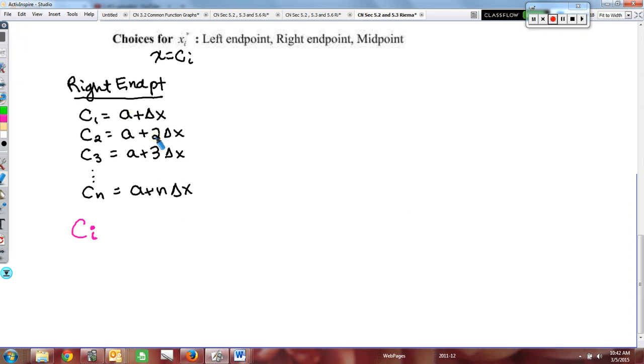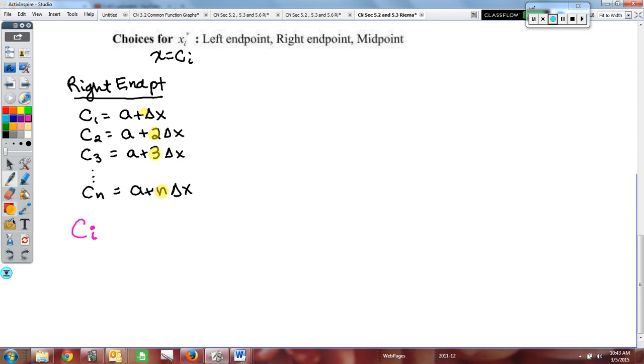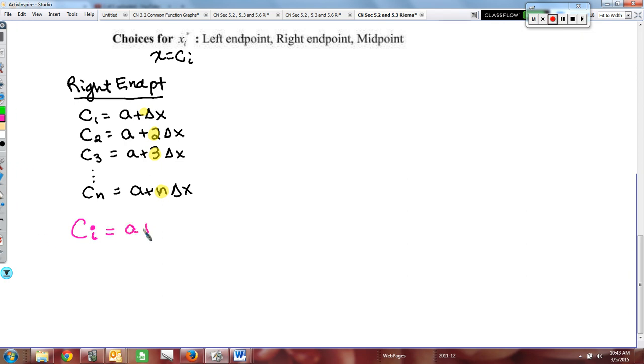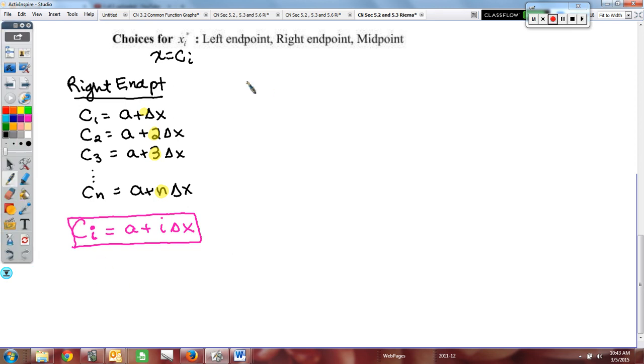You have A plus delta x, technically there's a 1 there, then you have a 2, then you have a 3, and you're counting up to n. So my index is i, and my c sub i would be A plus i delta x. So that would be the formula that you are going to use for your right endpoint. Now we look at it for the left endpoint.